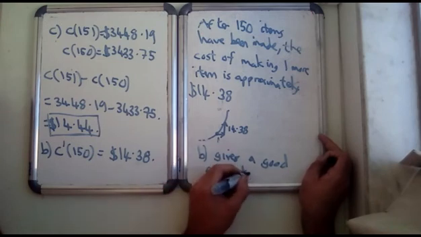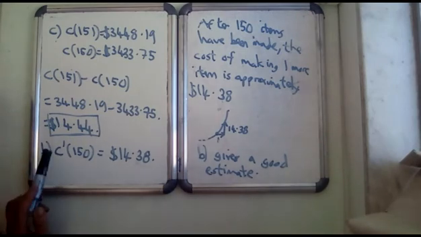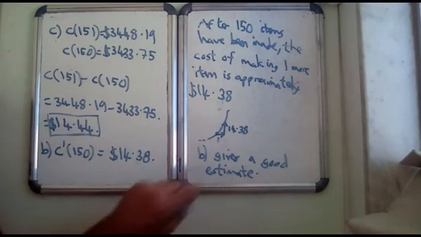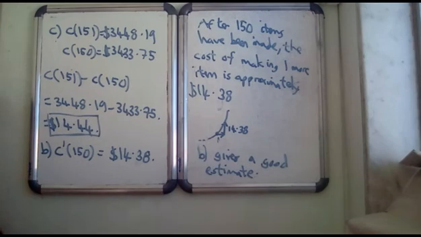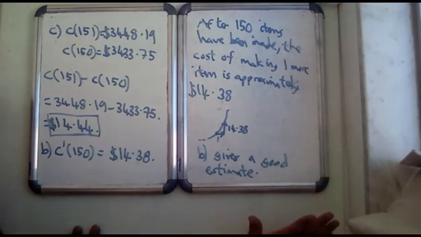It's only actually 6 cents out. So using the marginal cost function for the 151st item, comparing it to the actual cost function, which we're assuming is not an estimate, which it probably is, they only have a 6 cents difference. So actually you can say that in this particular area, it doesn't mean that the function is reliable everywhere, but around this area of 150, it does give a good estimate of the cost of making the next item.